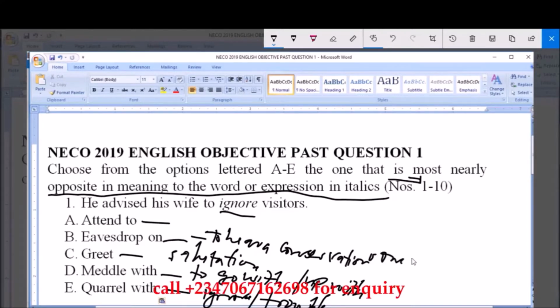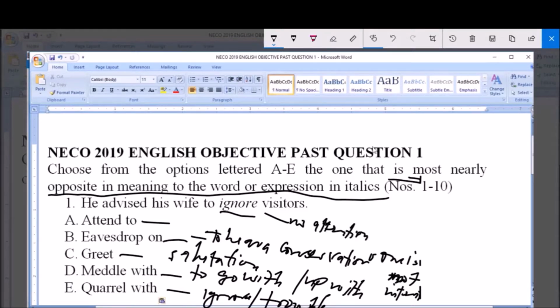So the opposite of ignore is attend. When you ignore somebody, you give no attention, and the opposite will be attention.